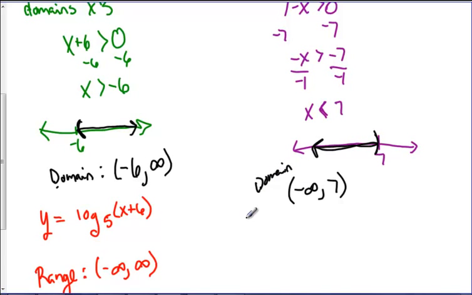And our range is going to be what? Yeah, -infinity to infinity. I went through and was messing with it for a second. I couldn't get the range to change, so I'm going to say that the range will always be -infinity to infinity for the logarithmic functions. At least for us. How about that? All right, I think that's, yes.